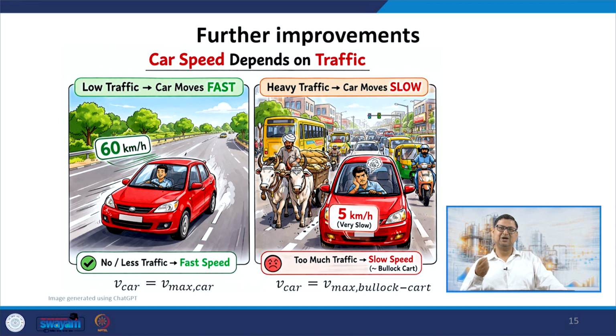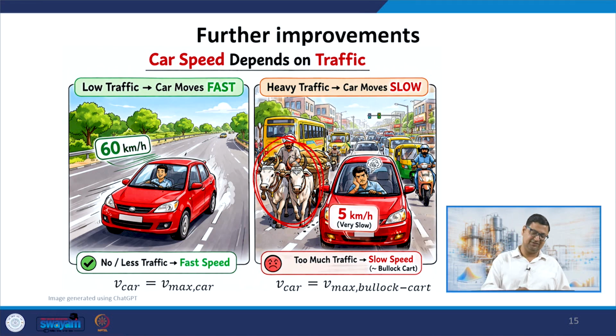Once you are, let us say, approaching a railway crossing or somewhere, now all the vehicles are very close together, and your speed does not depend on how fast you can drive, but on the slowest vehicle on the road, right? Let us say, for example, if you are trying to cross the railway crossing along with a bullock cart, then the velocity or speed of the bullock cart determines the traffic speed rather than your speed.